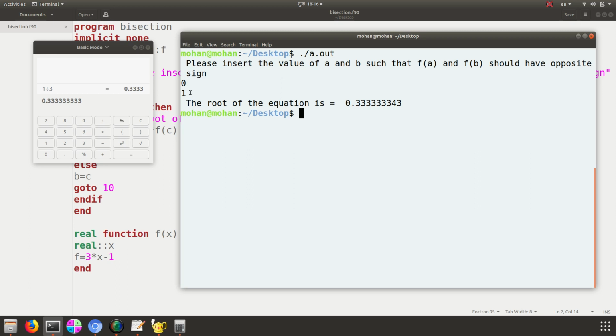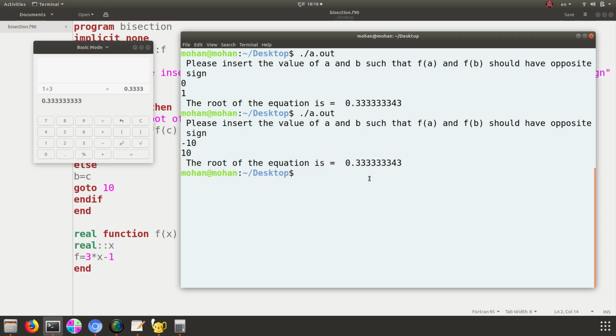And further, let us check another interval as well. For 3x minus 1, let us insert minus 10 as the lower limit and 10 as our upper limit, and again the answer is the same.